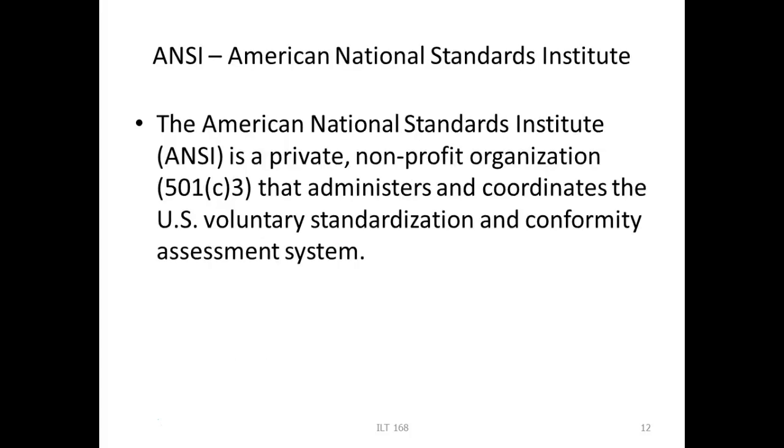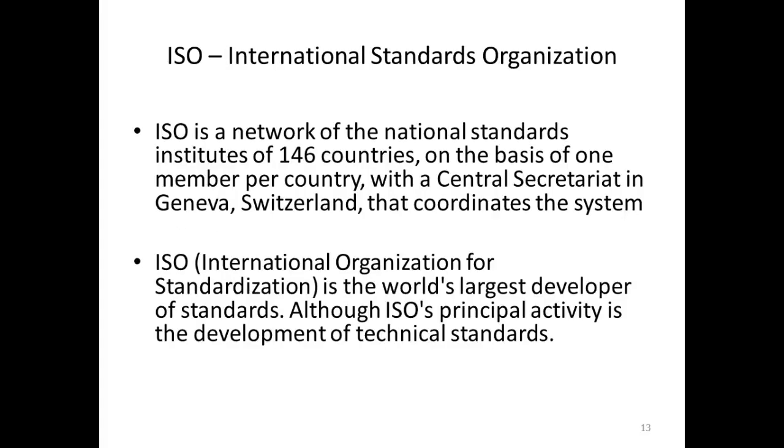ANSI sets all types of American standards, and they're also part of the International Standards Organization, so some of your ANSI standards are going to be ISO standards. It administers and coordinates the U.S. voluntary standardization and conformity assessment system.